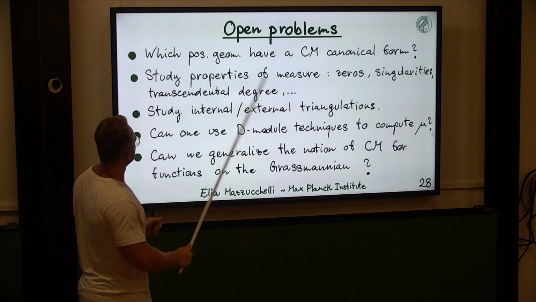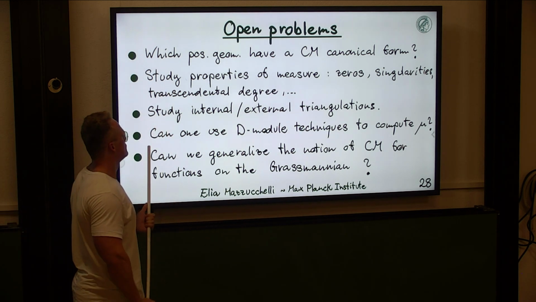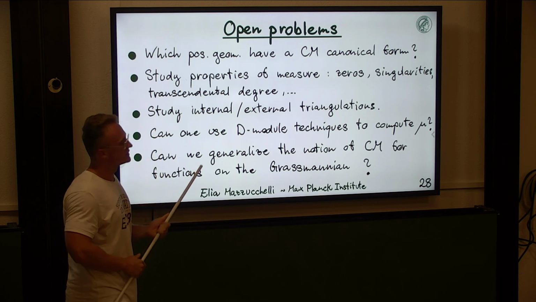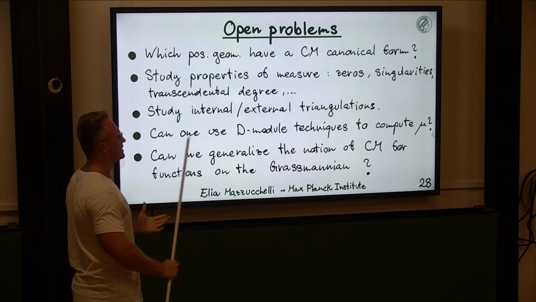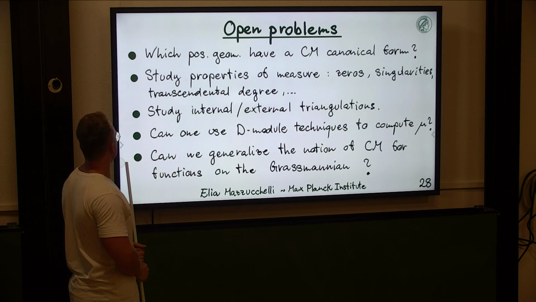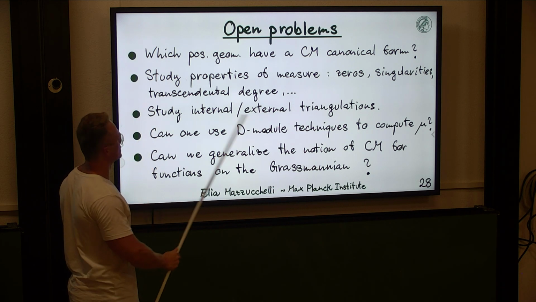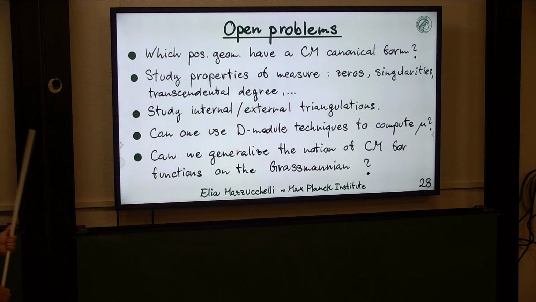Then it would be interesting to study more general properties of the measure, even if we cannot compute it, like where it should vanish, what singularities, if any, it should have, or what is the transcendental degree, if it's some iterated integral. It would be interesting also to see how triangulations work for nonlinear geometry. It's not so clear even for the pizza slice.